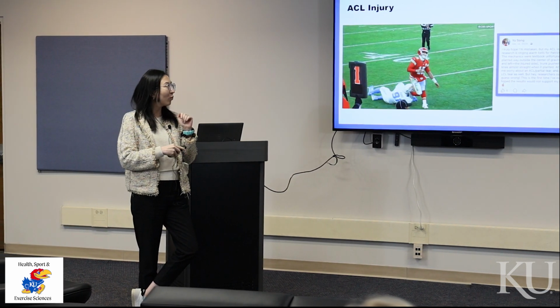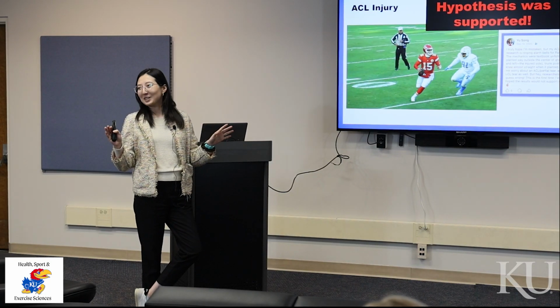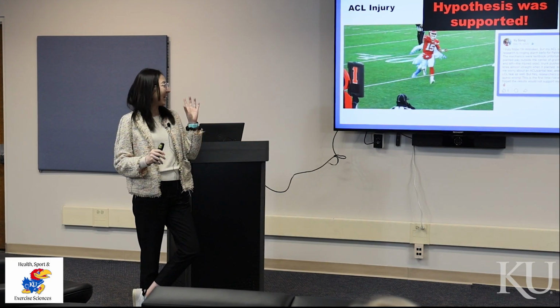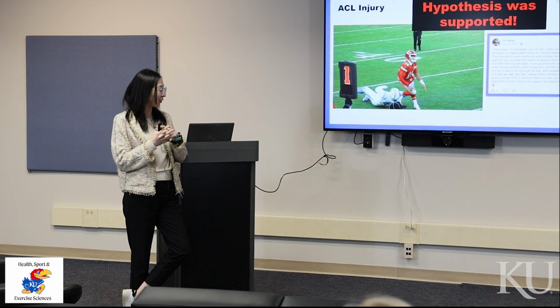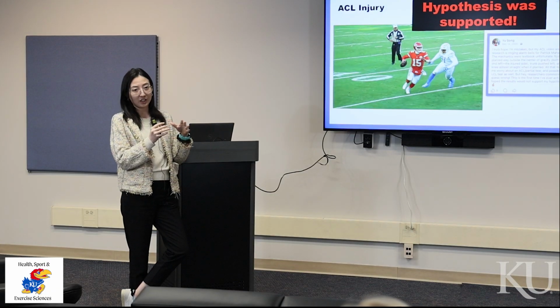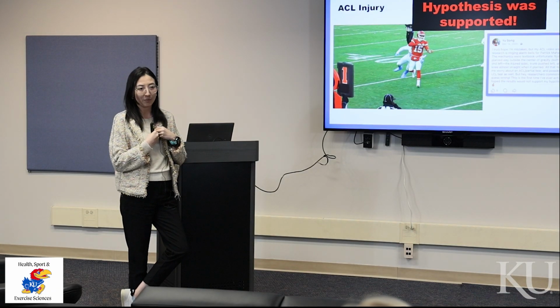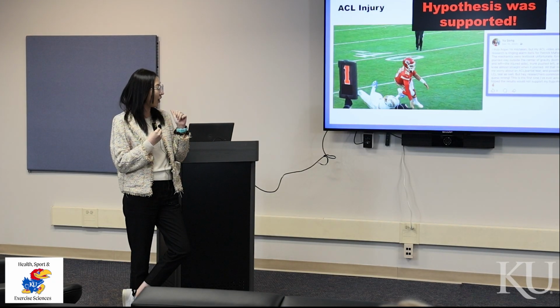And it ended up with education worth it. My hypothesis was supported, and he did have a very textbook ACL injury maneuver. And this is also what I have been looking at, which is the role of trunk perturbation. So what does that mean? We will talk about all those details later on.